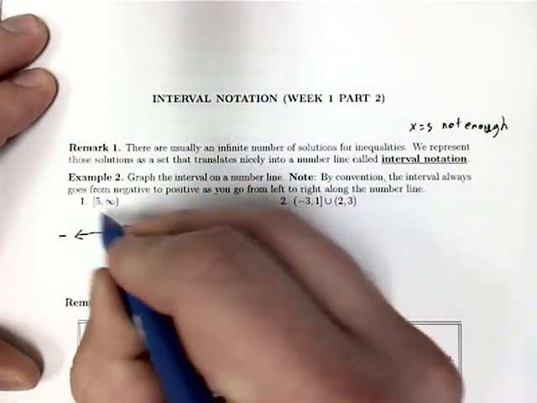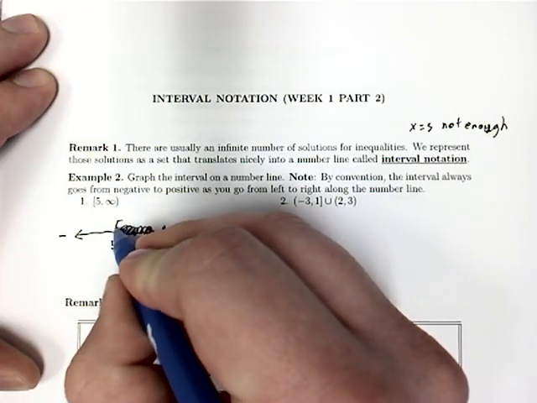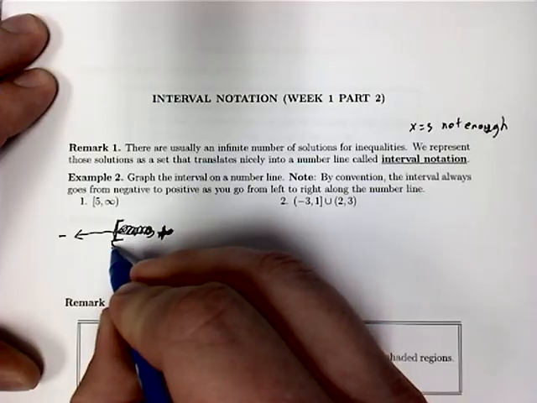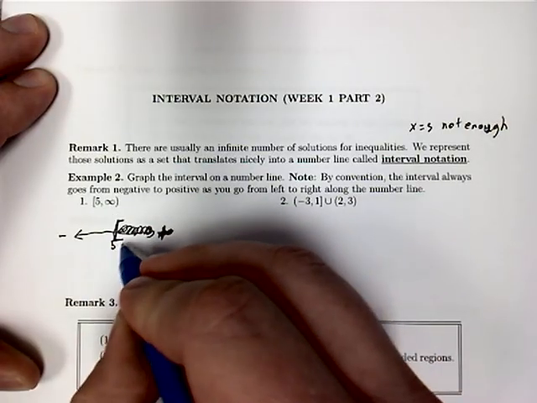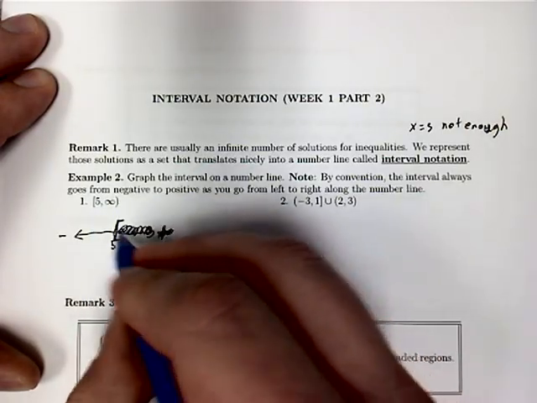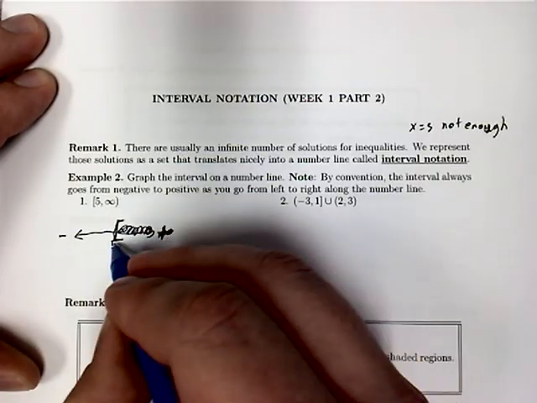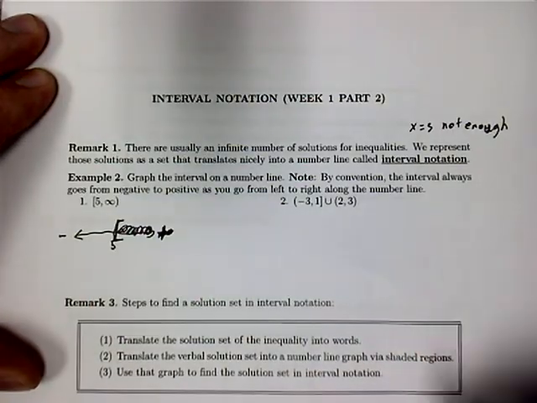One way you can notate this, it's not the only way, is to put a little bracket right there. As you notice, 5 to infinity associates in a very nice one-to-one way with what it would look like on a graph.